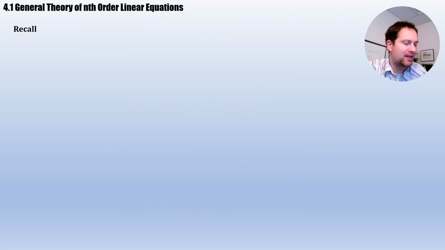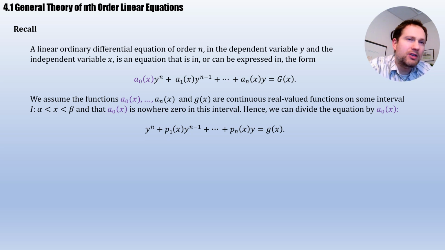Let's see what we can generalize from chapter 3 with second order equations. This might be the exact same theorem that we looked at in chapter 3. Remember, we typically put it in a canonical form where the highest order term carries a coefficient of 1. I'll give you a second to read this, but what we're going to do here is divide through by whatever the function coefficient is on the highest order derivative term.